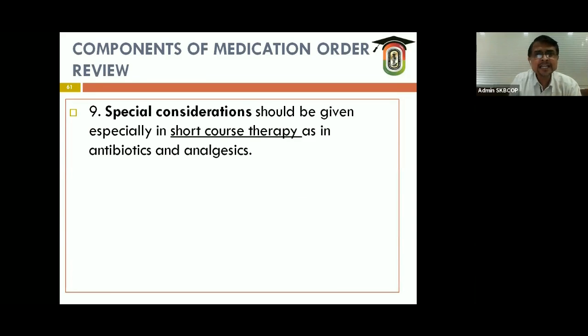Then ninth is any special consideration that is required should be given specially in short course therapy as in antibiotics and analgesics. कुछ short therapy होती है उसमें कोई special consideration अगर है और वो लिखा है या नहीं लिखा है, that has to be reviewed.